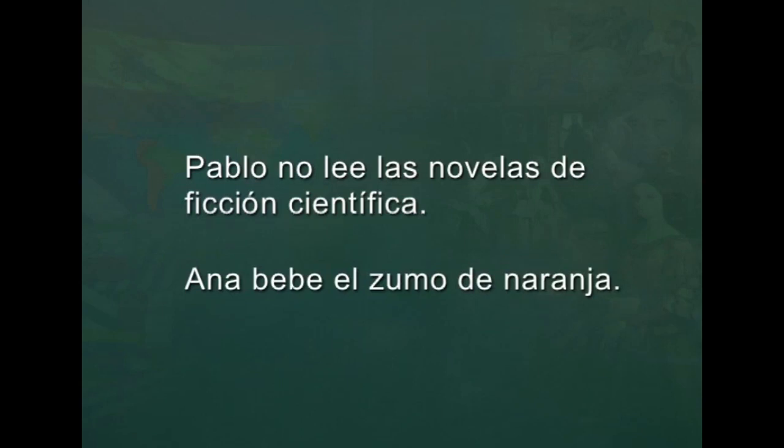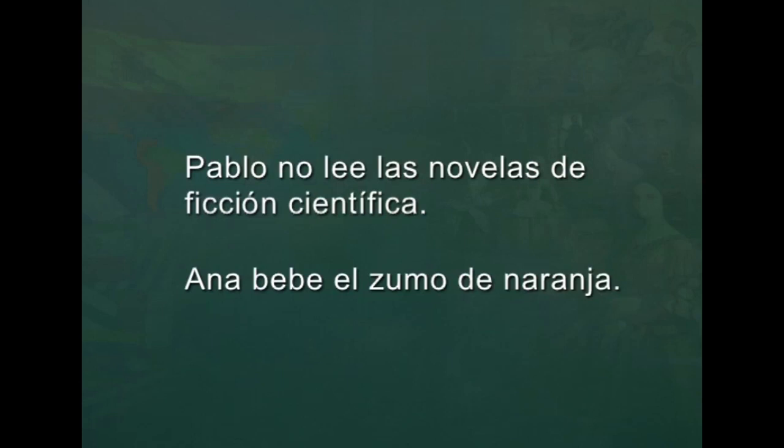Ana drinks orange juice. Bebe is from the verb beber, which is to drink, and Ana is Anna in Spanish. It is Ana. So you remember the letter A as A in Spanish. So Anna is Ana. Isn't Spanish interesting?